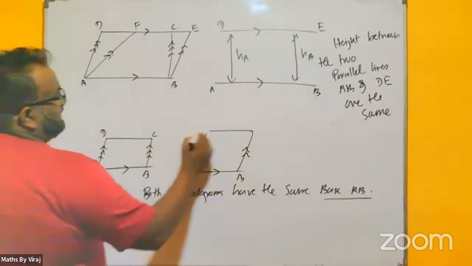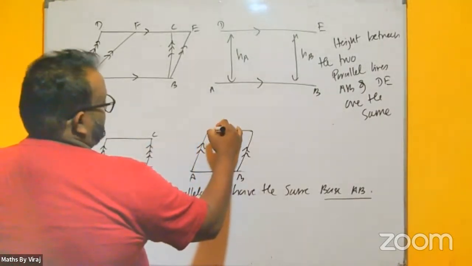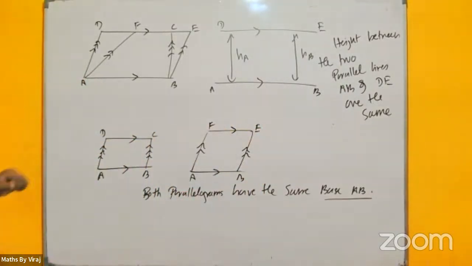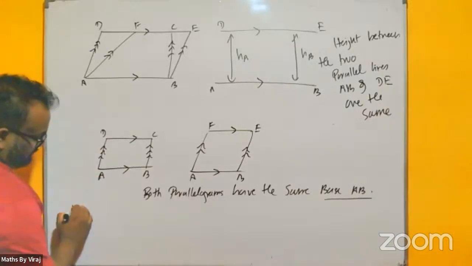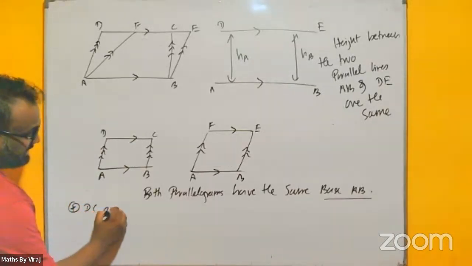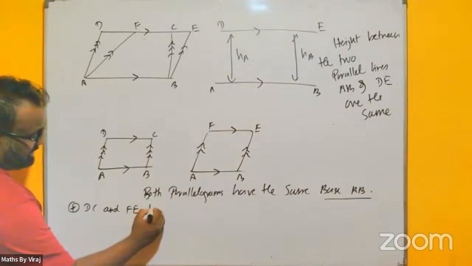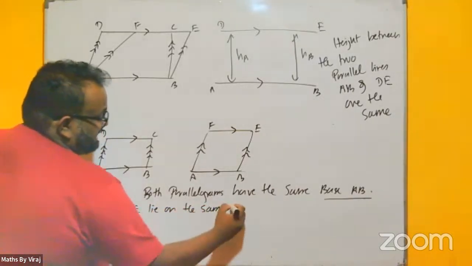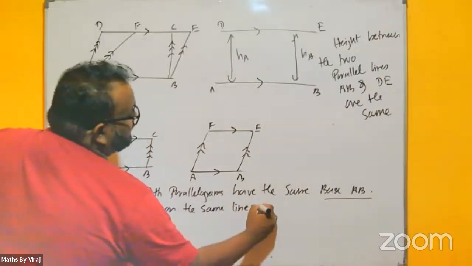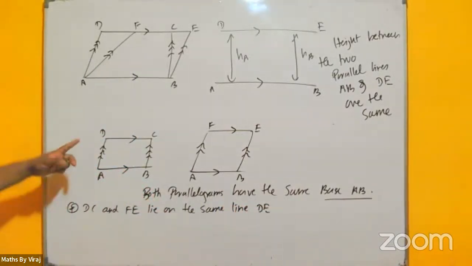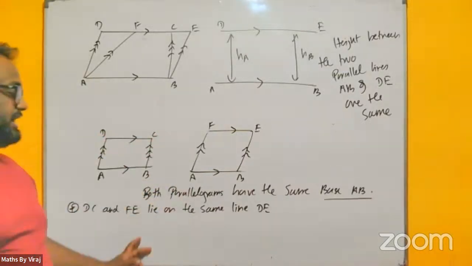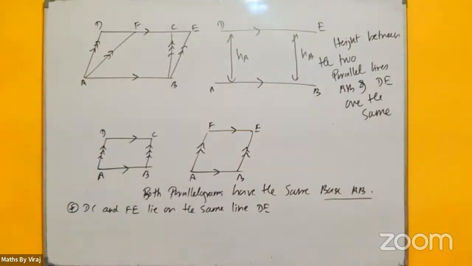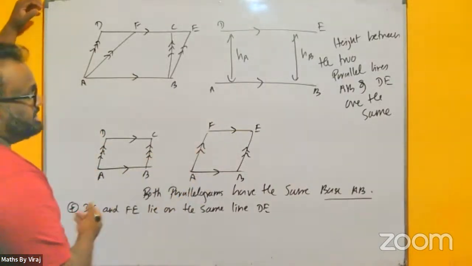CD, FE, we know that DC and FE lie on the same line DE. Therefore, what can I say about the areas of these two parallelograms?